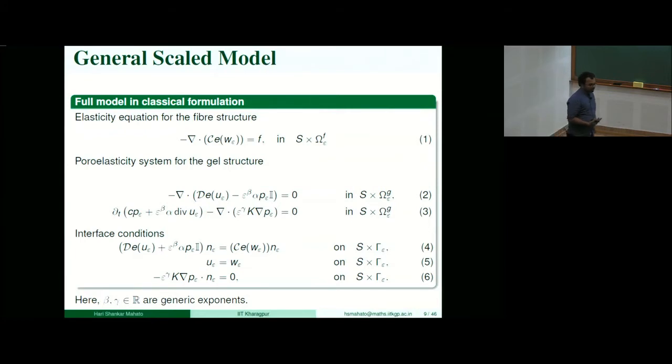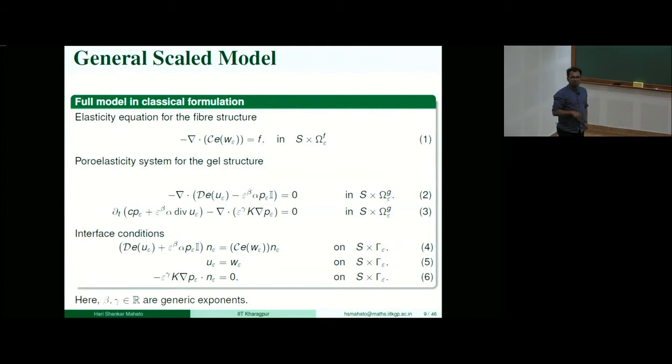When we were doing the modeling, we were not sure about the scaling parameters. Sometimes you see diffusion-reaction equations where some papers have epsilon square in the diffusive term, sometimes epsilon, sometimes epsilon to the power k, where k runs between some ranges. So here we started with epsilon to the power beta and epsilon to the power gamma.